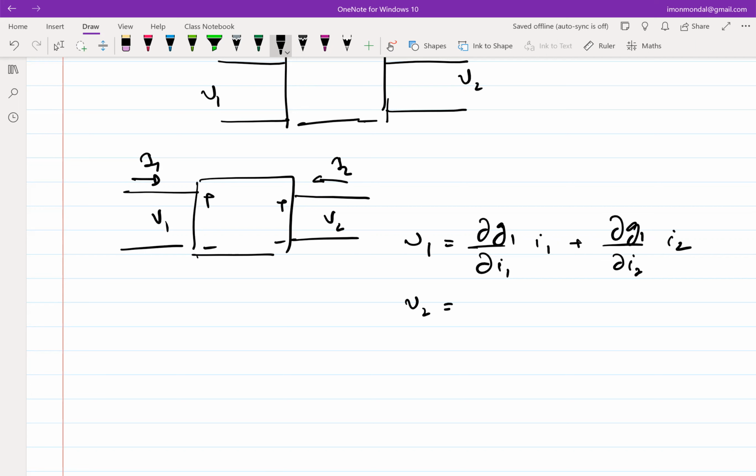Similarly, V2 equal to something times I1 plus something times I2. I could have done that. If we would have done that, what would have been the units of these differentials?